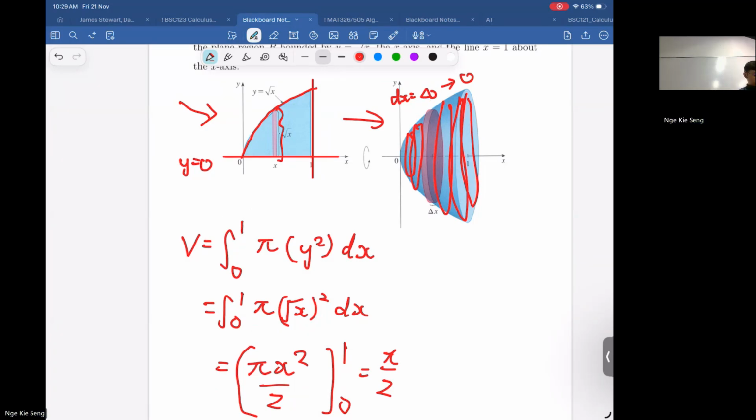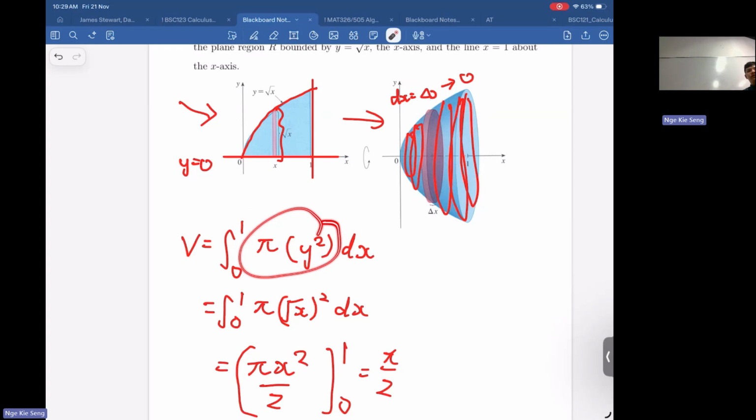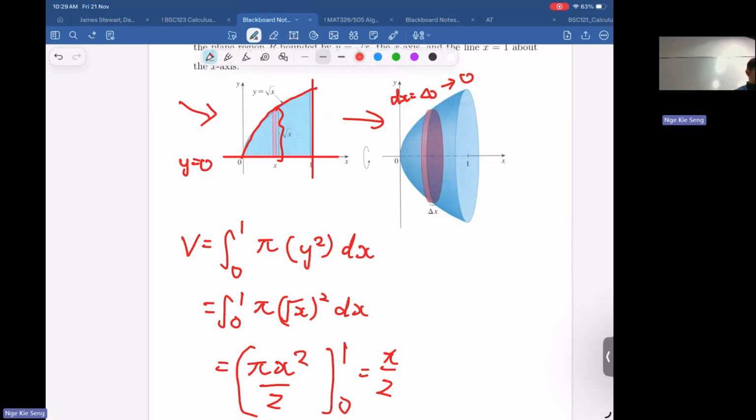Okay. So do you know why we use pi r squared here? Because this is the area of a circle. So you got the area of a circle here times the thickness here. So here's pi r squared, but your r is controlled by your y. And then you take integration.